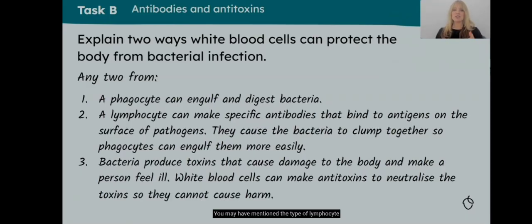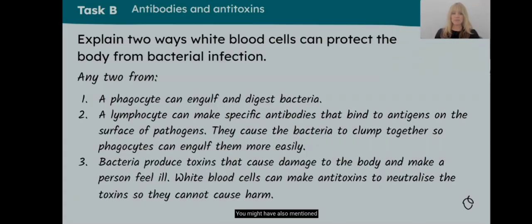You may have mentioned the type of lymphocyte that can make specific antibodies that bind to the antigens on the surface of pathogens. You might have mentioned that both of those are made of proteins. They cause the bacteria to clump together. Okay, so phagocytes can then engulf them much more easily, digest them and destroy them.